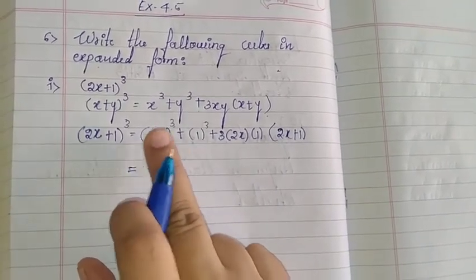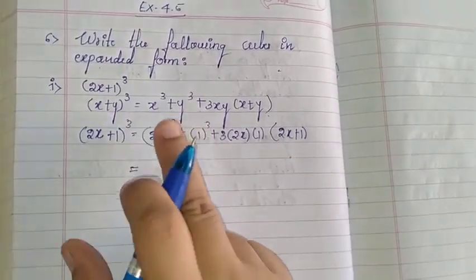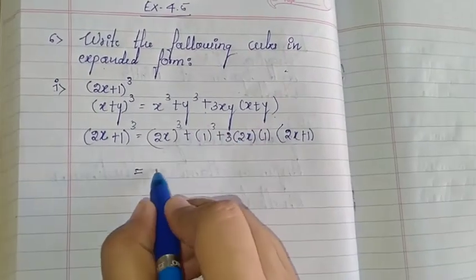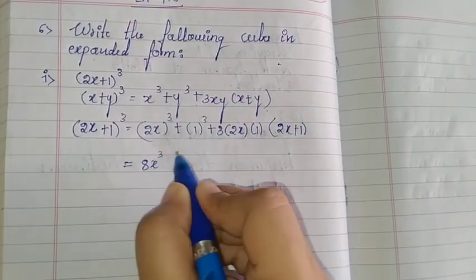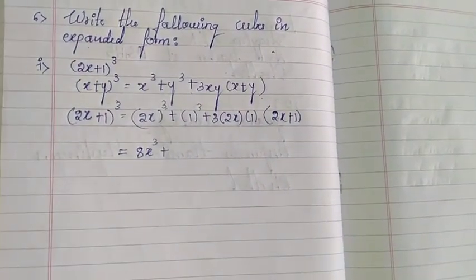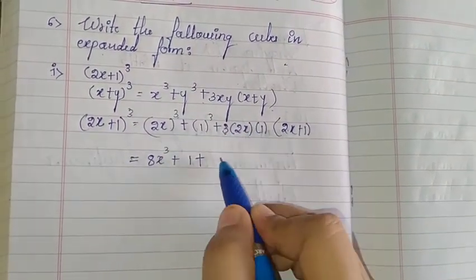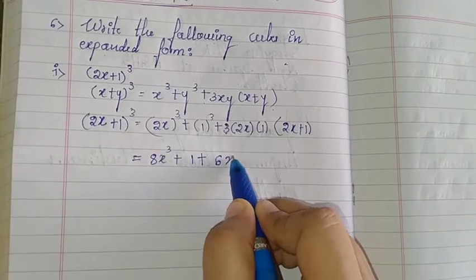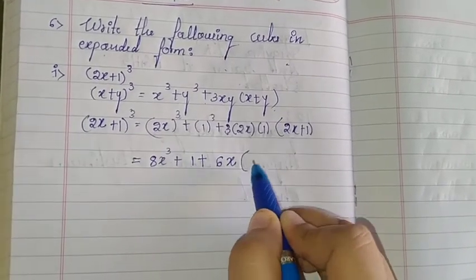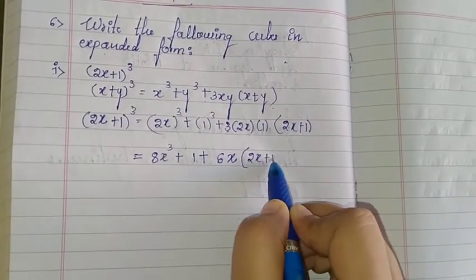See here, (2x) the whole cube, 2 cube in the sense 2 2s are 4, 4 2s are 8, so 8x cube, plus 1 cube in the sense 1, plus 3 2s are 6, x as it is, into (2x + 1).